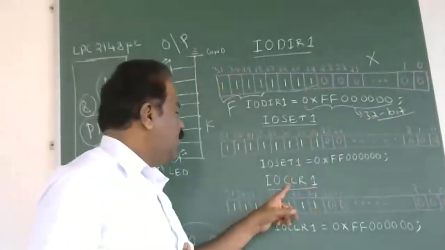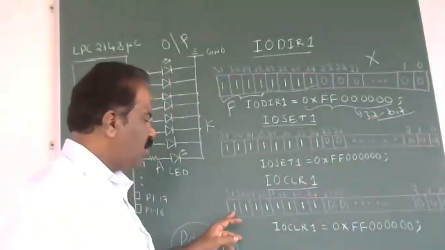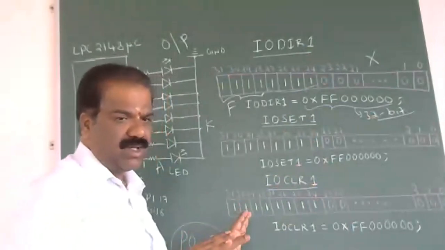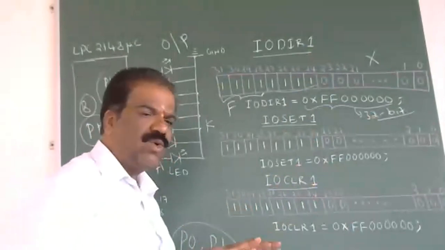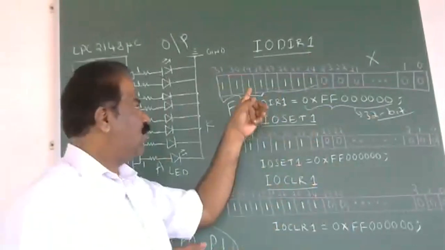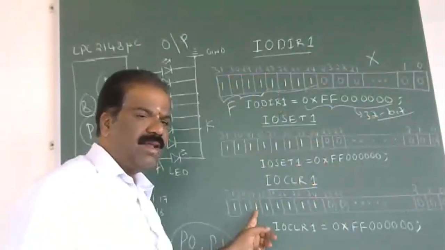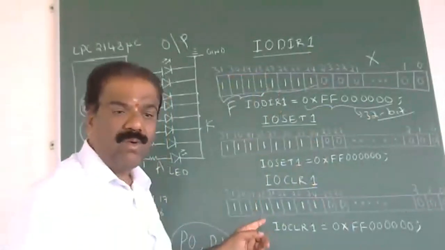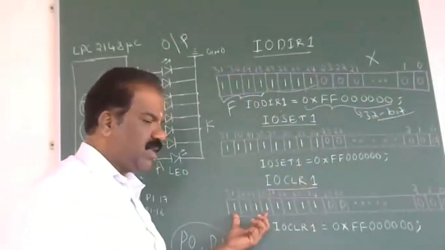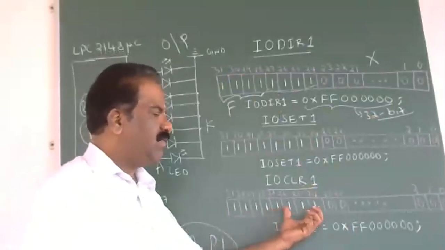Now, in this case, I have to go to IO clear 1, then I have to make it 1, 1, 1. You are not supposed to write 0 even though clear means 0. If you try to write 0, there is no effect. Here also, if you write 0, no effect. If you make it 1 in IO set, the corresponding line becomes high. Here, if you make it 1, the corresponding line becomes low. That's the meaning of this. Once again, how many ones are there? 4 ones, that is F, 4 ones, F, then 0, 0.